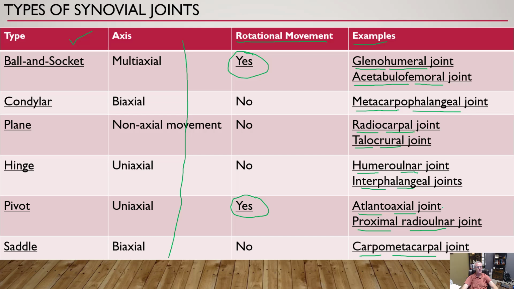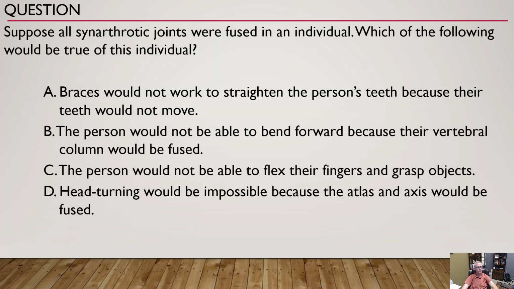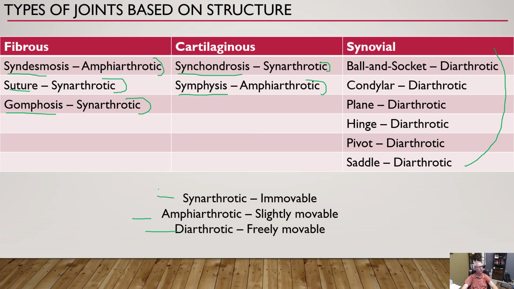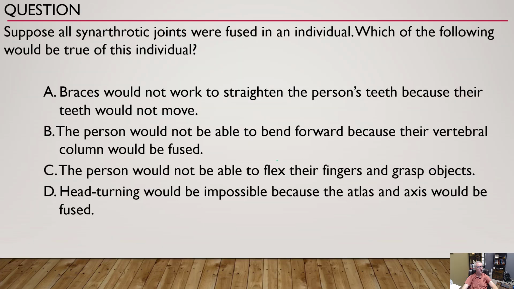All right, so suppose all synarthrotic joints were fused in an individual. Which of the following would be true? All right, so what is a synarthrotic joint? Synarthrotic joints are immovable. All right, so we have if all immovable joints were fused.